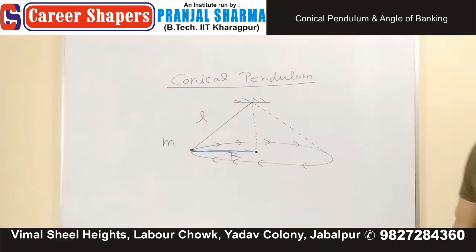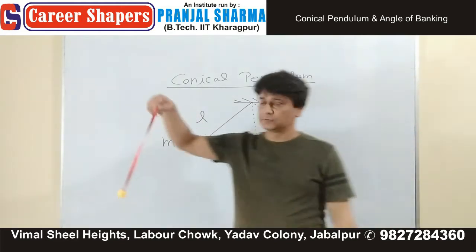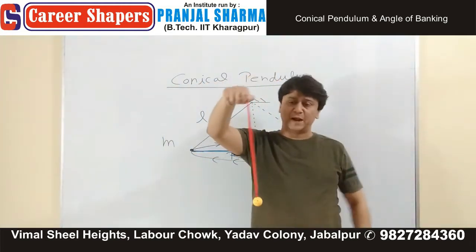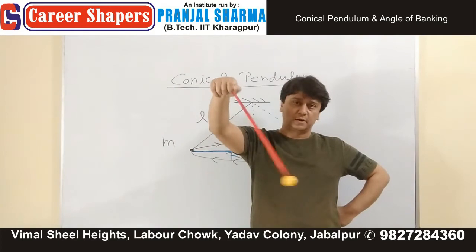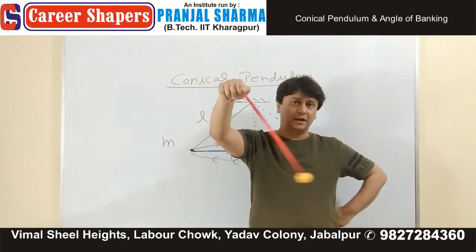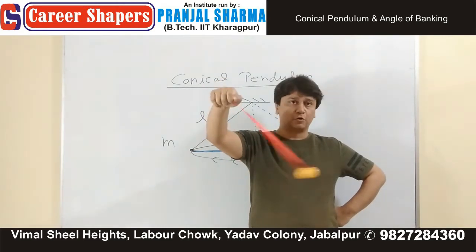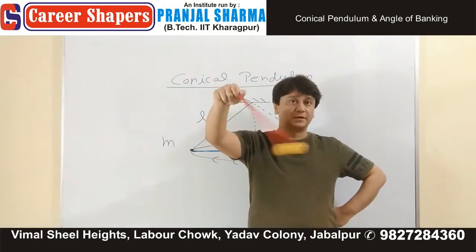Now, let me ask you a simple question first. What do you think will remain same for a given conical pendulum as I rotate? What is that which remains same? L, length of the rope, or radius of the rope? Or they both are same?